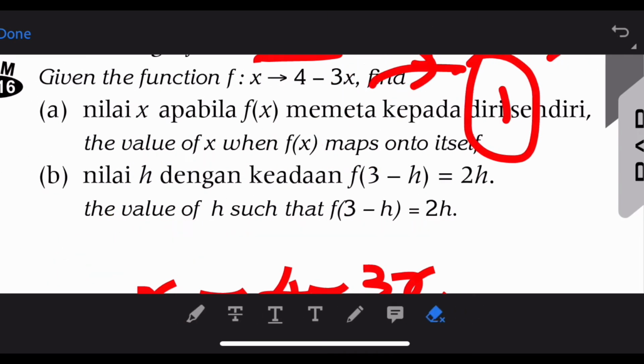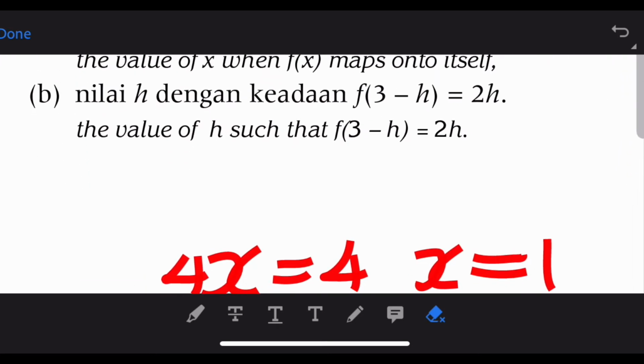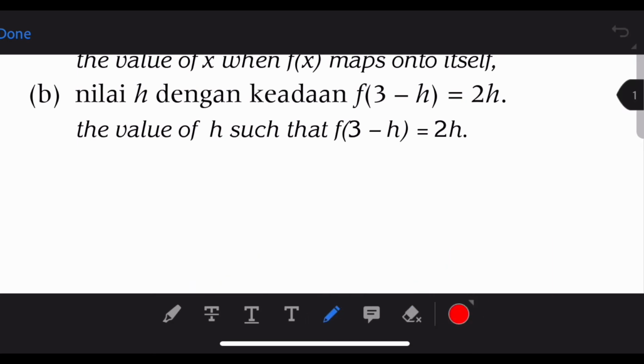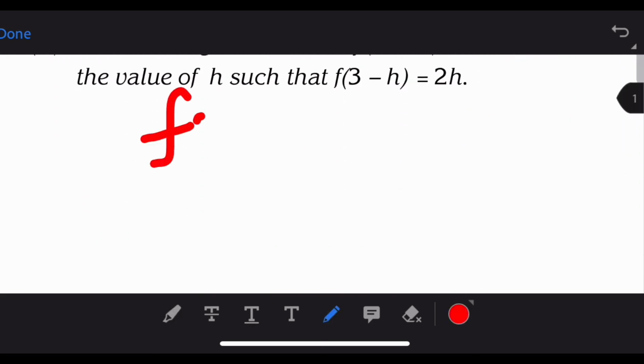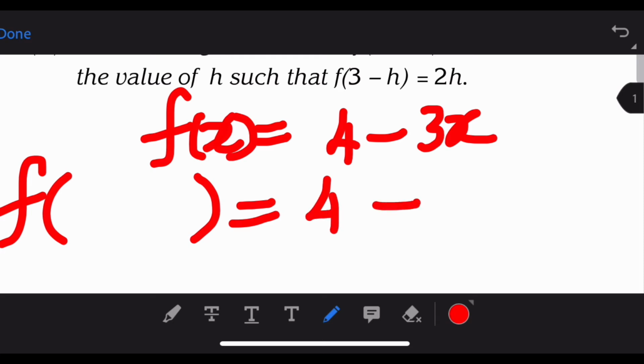For part b, the value of h such that f(3 minus h) equal to 2h. So we have to refer to our function. Our function is f(x) equal to 4 minus 3x. For the function, we always just copy exactly.